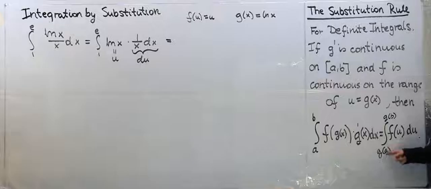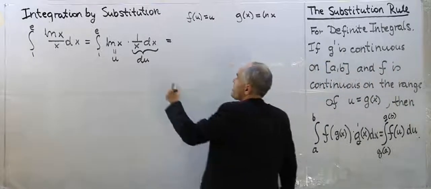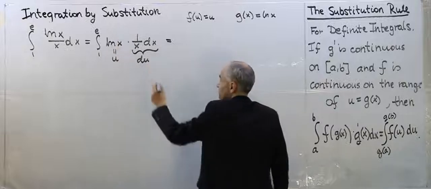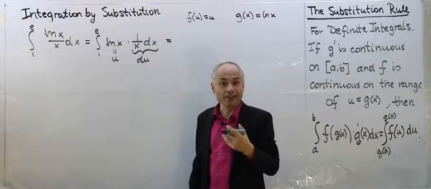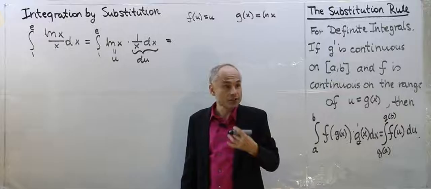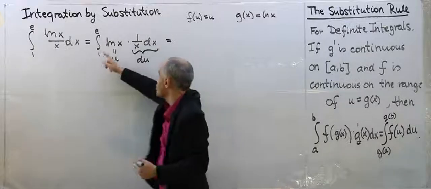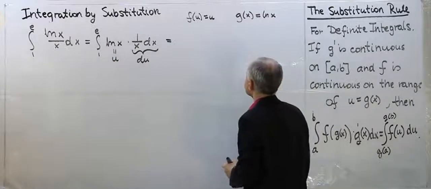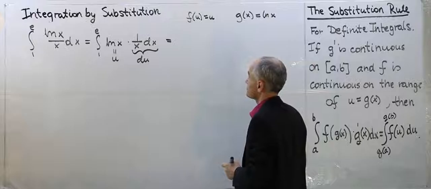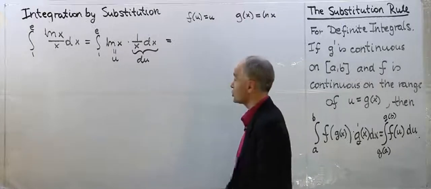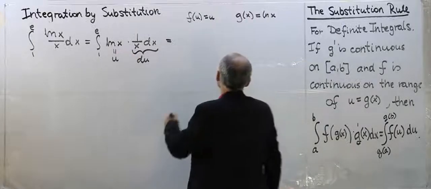Remember to keep track of the limits of integration. So now I'm replacing everything with, and I'm writing everything in terms of u. So I need to write the limits of integration in terms of u. What was our substitution? U is equal to ln of x.